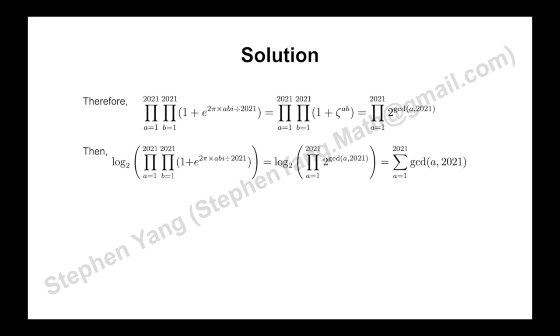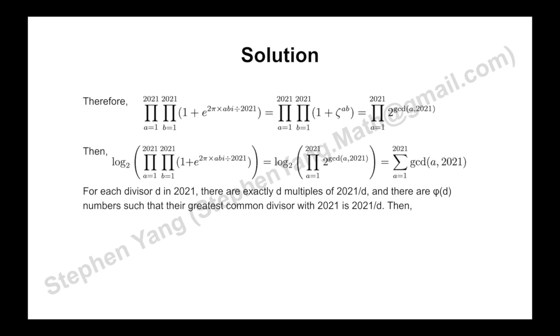Then we know that our original expression is equal to the sum for a equals 1 to 2021 of GCD of a and 2021. Now, for each divisor d of 2021, there are exactly phi of d numbers such that their greatest common divisor with 2021 is 2021 divided by d.